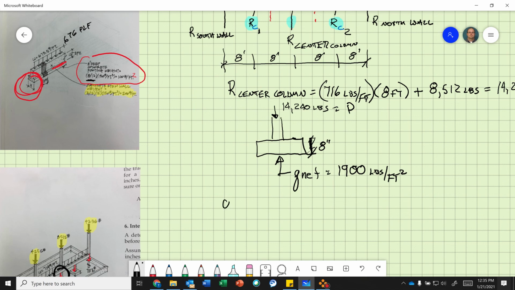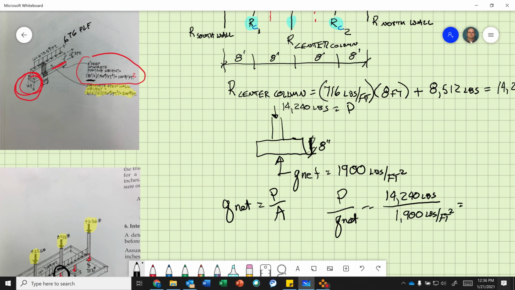So Q net equals P over A. We need to solve for A, so P over Q net, and that equals 14,240 pounds. So this is a number that I need as a geotech too. What's my maximum column load? Divided by 1,900 pounds per square foot. So we take that number divided by 1900, 7.49 square feet.